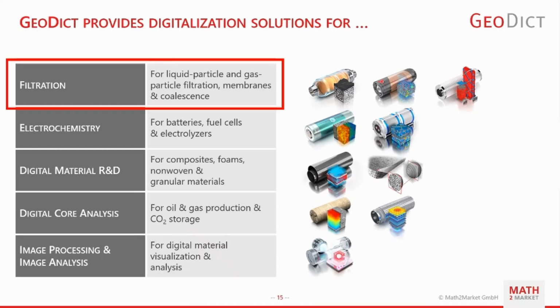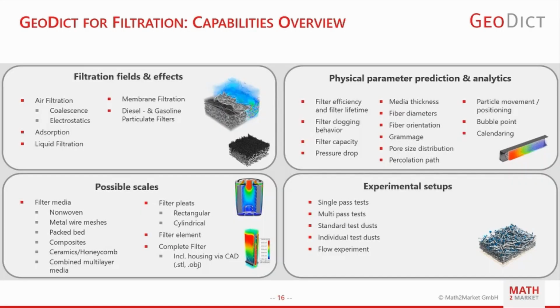So next, we move to the filtration business area. Before showing what is new, let me summarize how GeoDict is applied to simulate filtration. Filters are everywhere, and so there are many different setups. You may want to filter aerosols out of the air or dust particles out of oil or water.